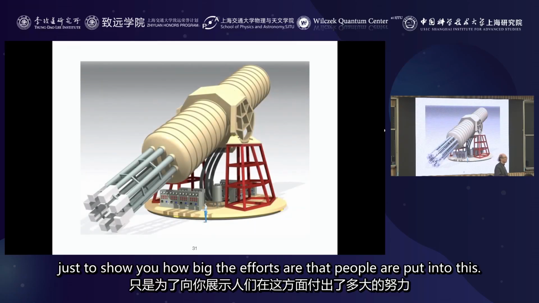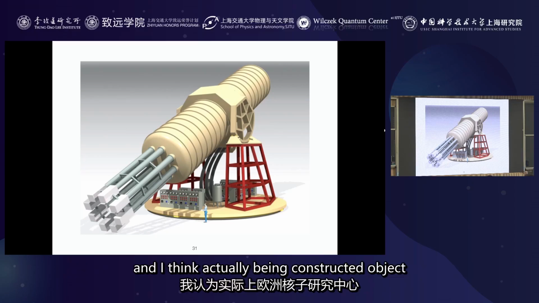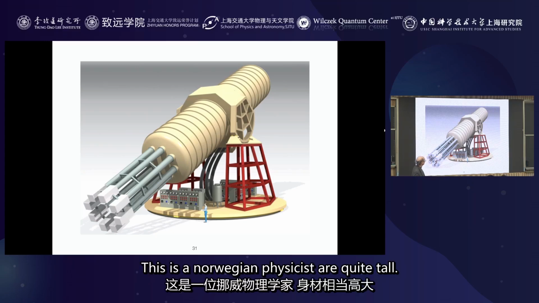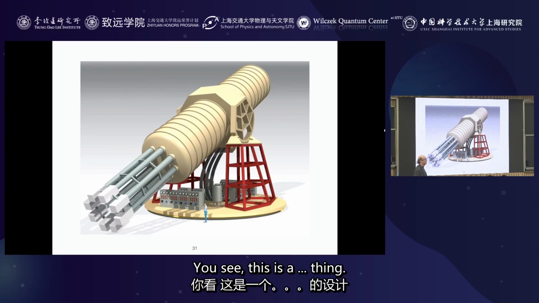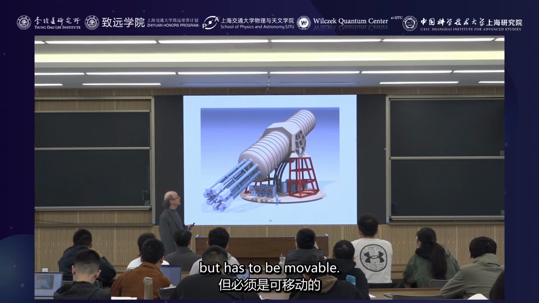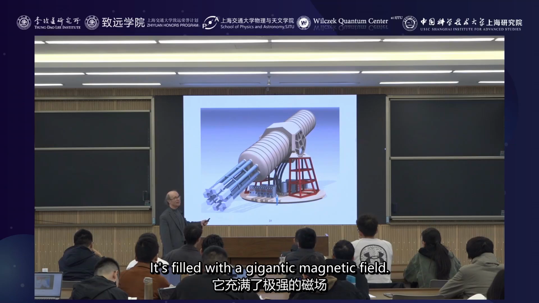Just to show you how big the efforts are that people have put into this, this is a proposed, and I think actually being constructed, object at CERN. This is a Norwegian physicist, so quite tall. And you see, this is a gigantic thing that's meant to point at the sun. It has to be movable. And it's filled with a gigantic magnetic field.